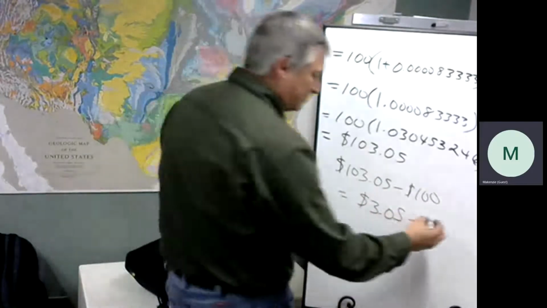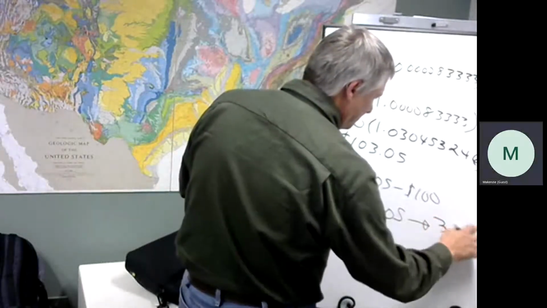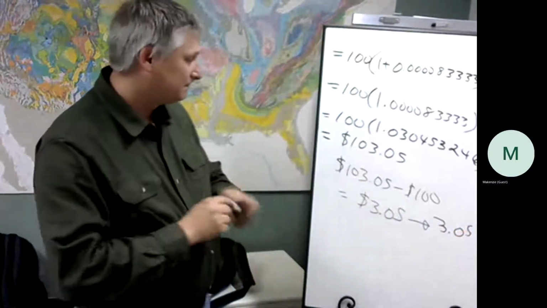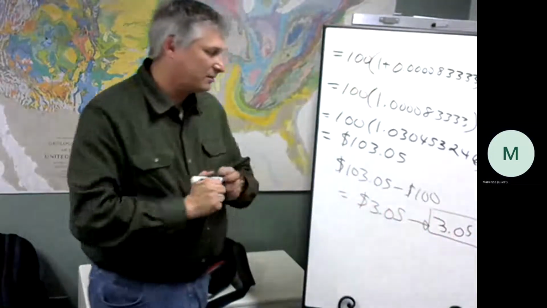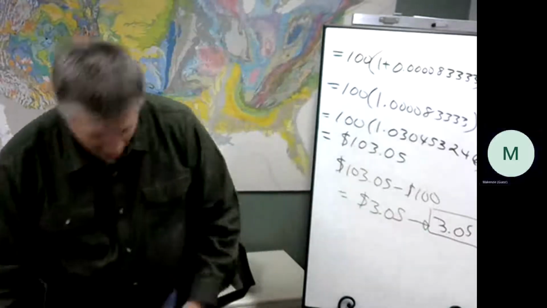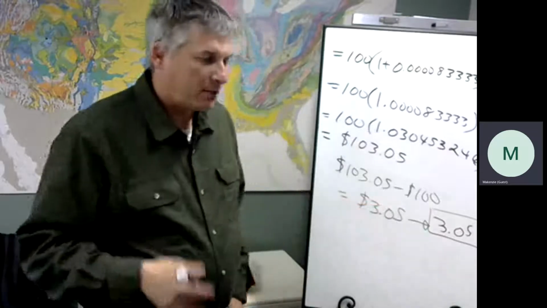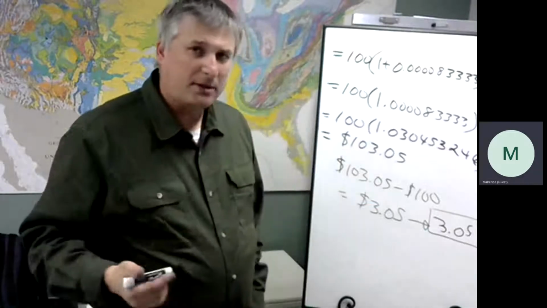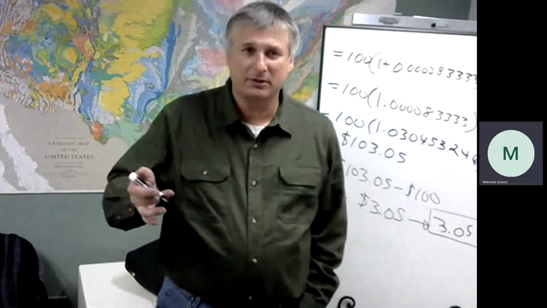And this is the same as an effective interest rate of 3.05. And so that's it. So basically what we've done is we took our 3%, we took our compounding, and we applied it to $100.